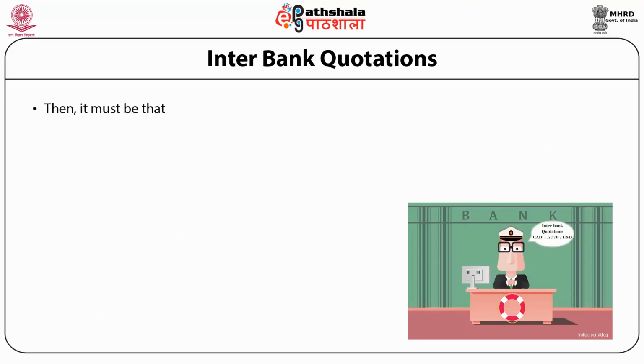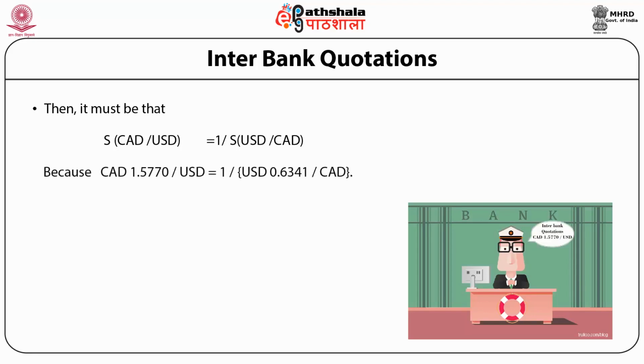Then it must be that S (Canadian dollar per US dollar) is equal to 1 divided by S (US dollar per Canadian dollar), because 1 US dollar is 1.577 Canadian dollars, which is equal to 1 divided by the rate of 0.6341 US dollars per Canadian dollar.